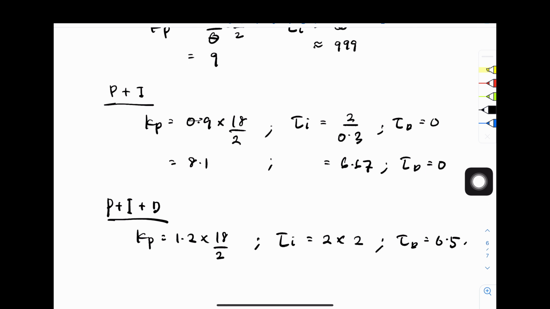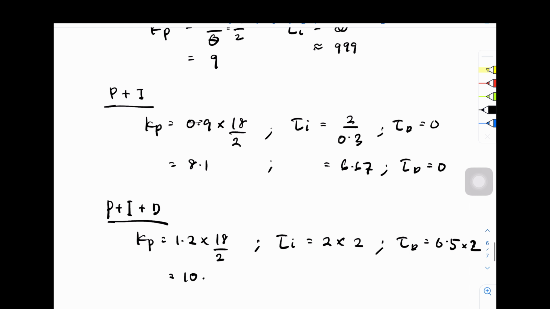So 1.2 times 18 divided by 2 is equal to 10.8. Integral time is equal to 4 seconds. So this one should be seconds.